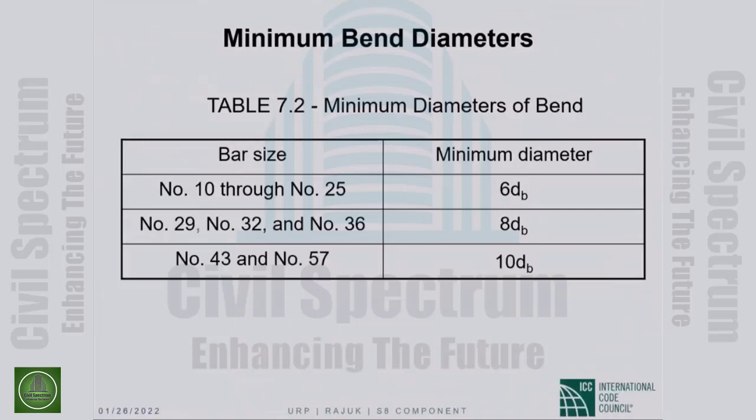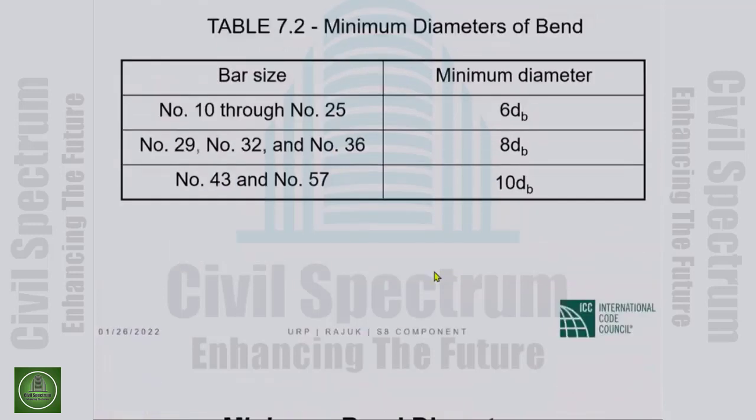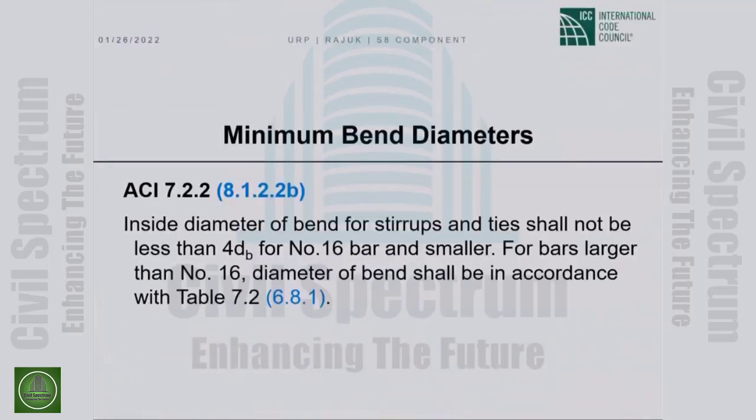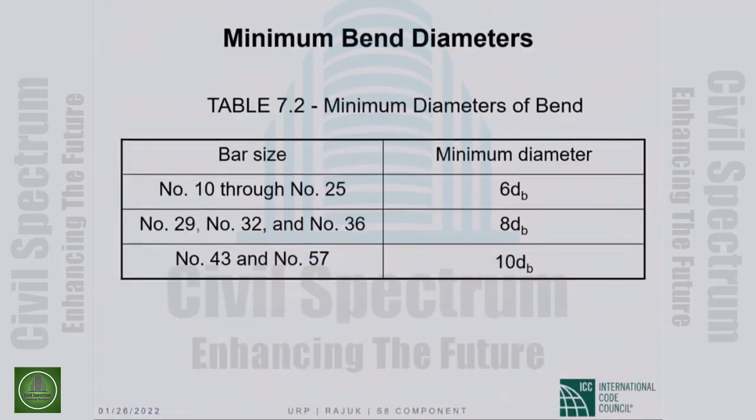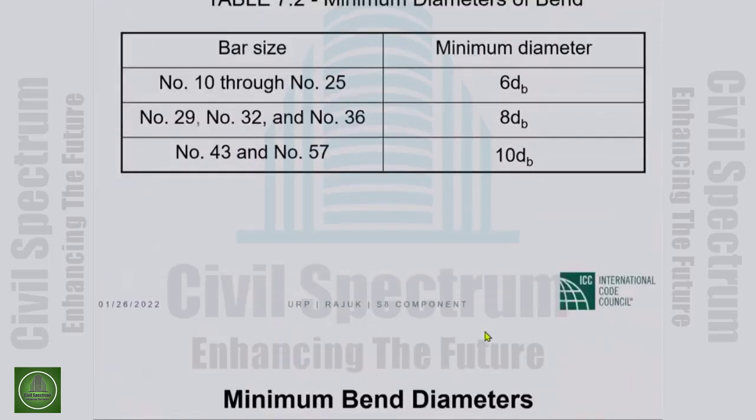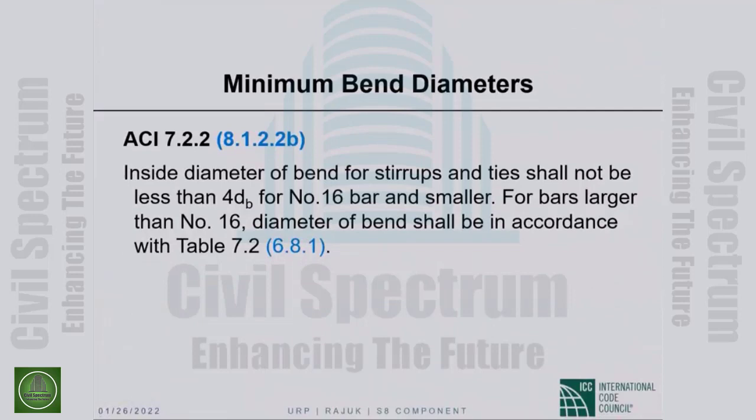Okay, so number 16 onwards, you will switch to this table, and the bend diameter will be 6 bar diameter, 8 bar diameter, etc. Although these large bars are not ever used for ties or stirrups.